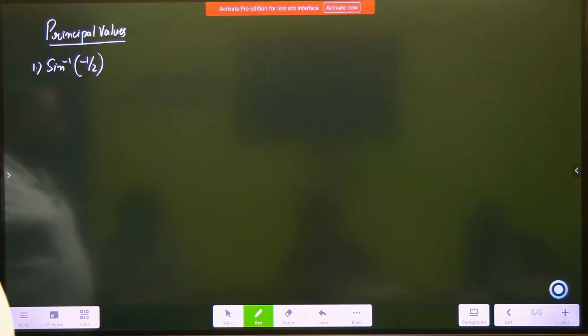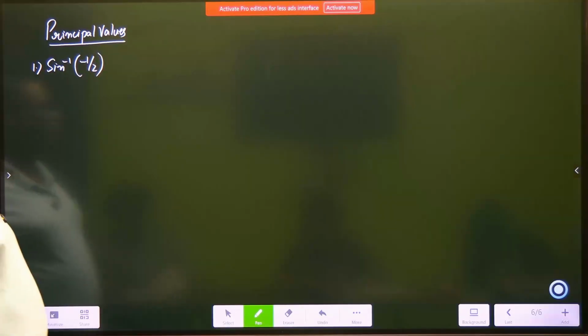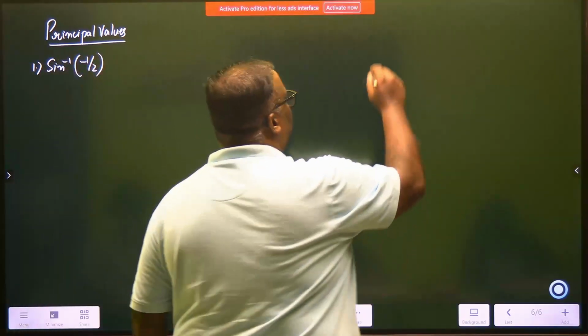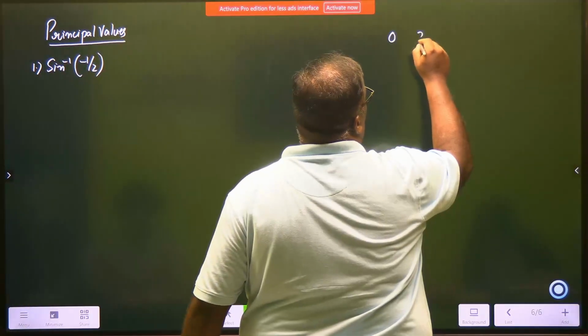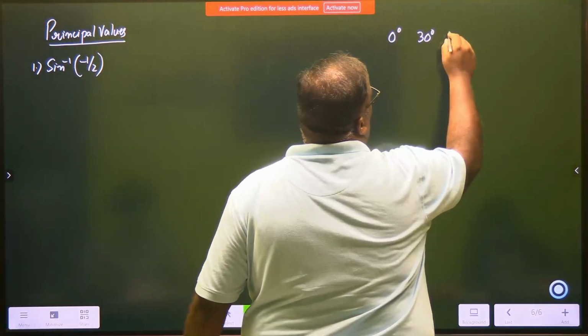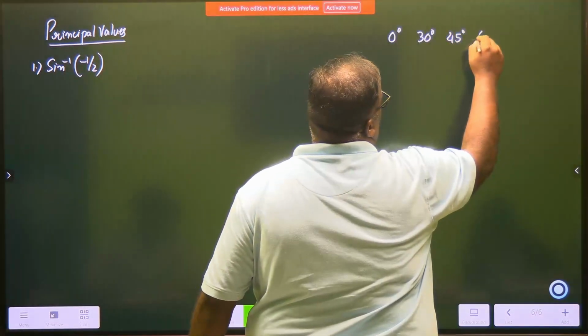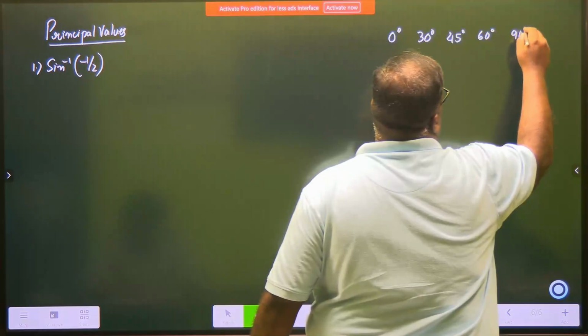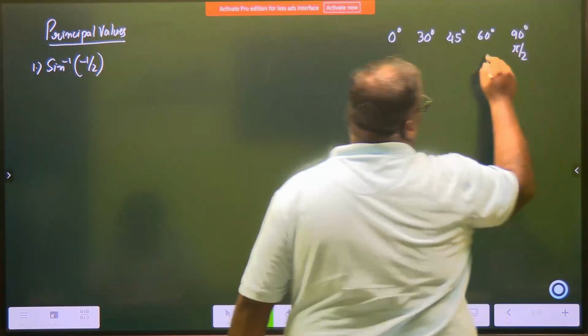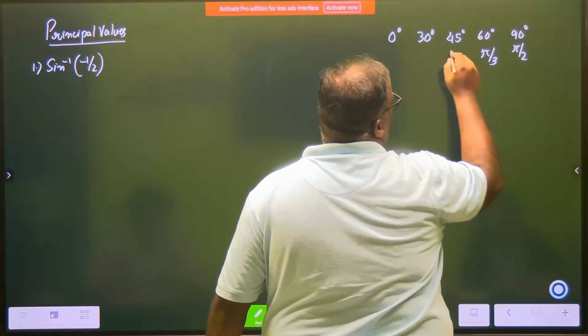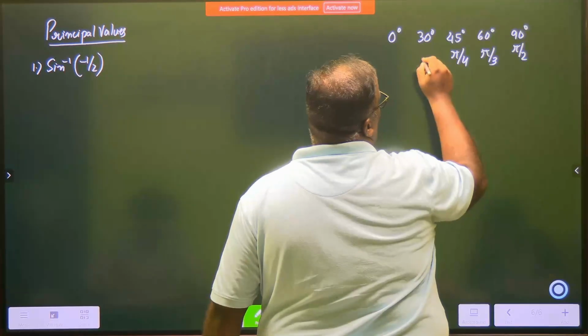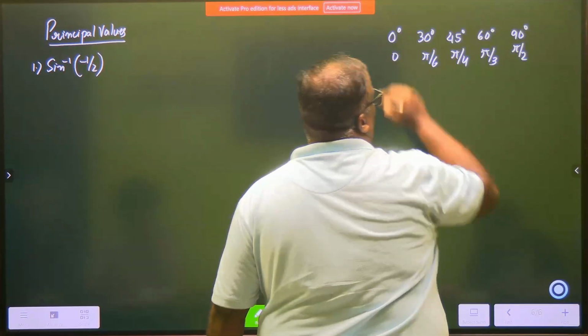Okay, how to solve this? Just see, children. Acha, few things you should know. Just look at here. 0, 30 degree, 45 degree, 60 degree, 90 degree. This is pi by 2, pi by 3, pi by 4, pi by 6, 0.